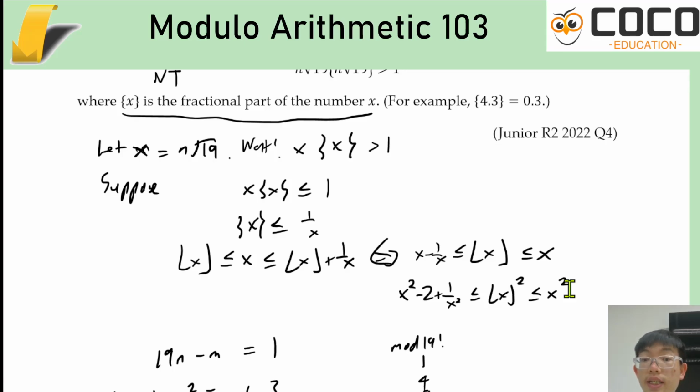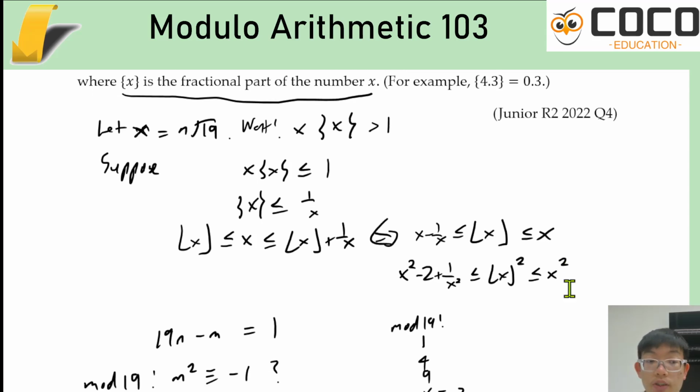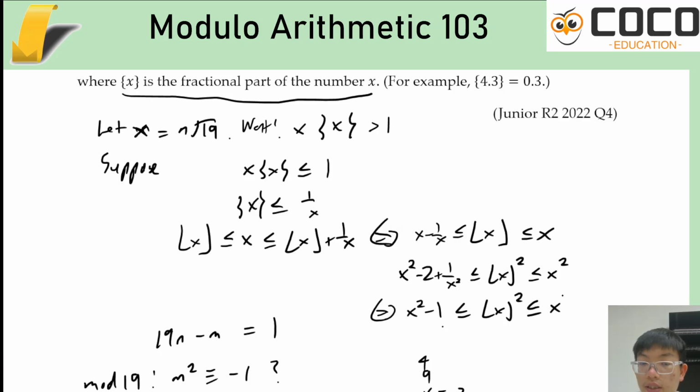Remember, of course, that I was going to square this the whole time and talk about how close another square can be to it. So this floor of x was always that m that I wrote just now. Well, this can happen only if x squared minus 1 is here, because this is slightly more than x squared minus 2.